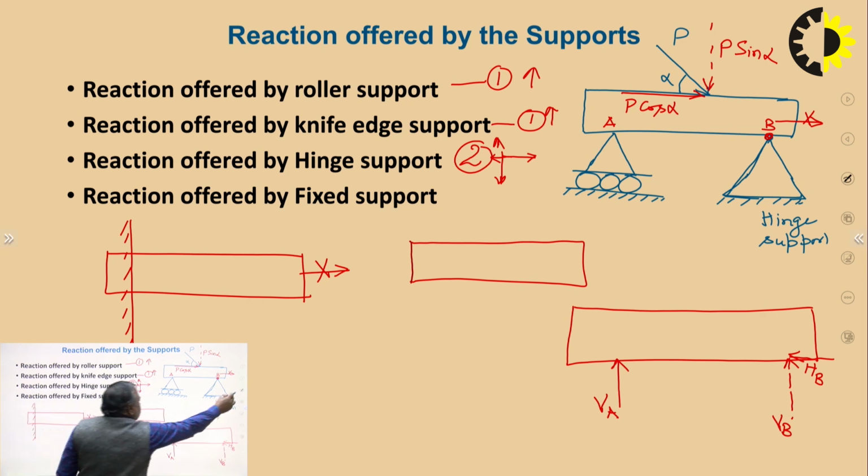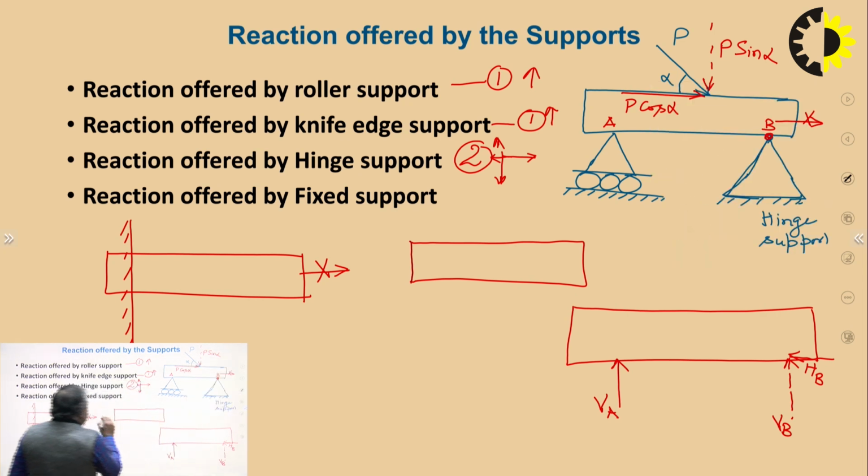So we have a reaction in this direction. This is called HA. It cannot move in this direction or this direction because it is fixed.